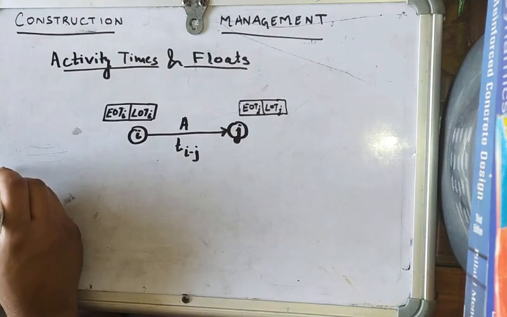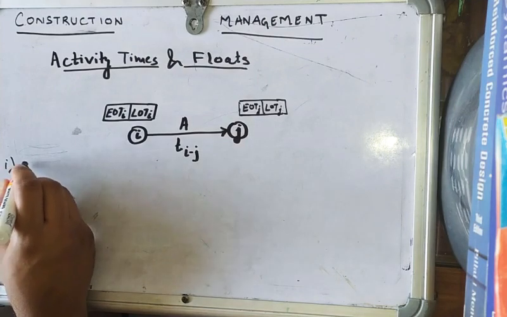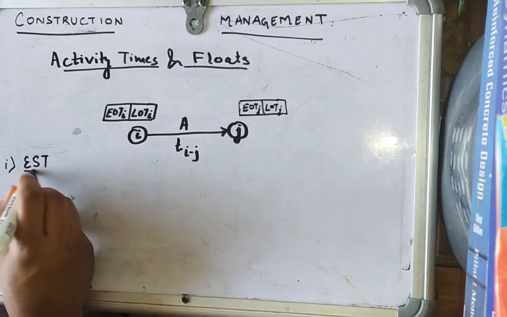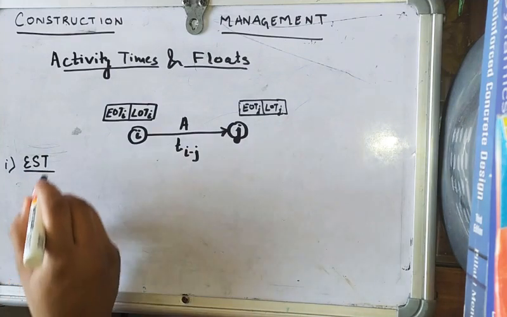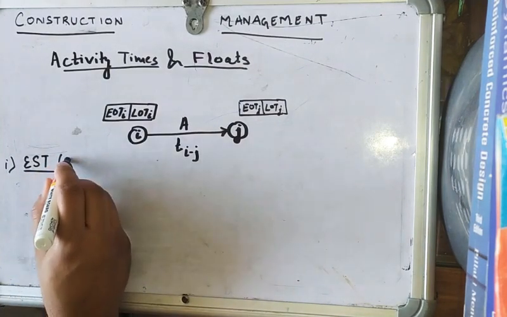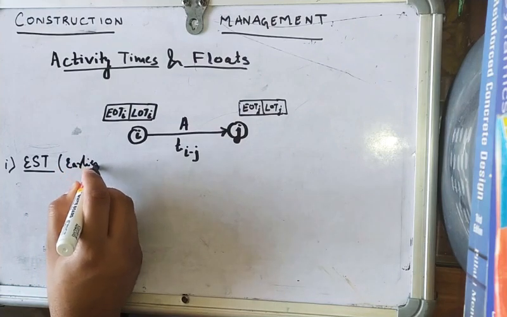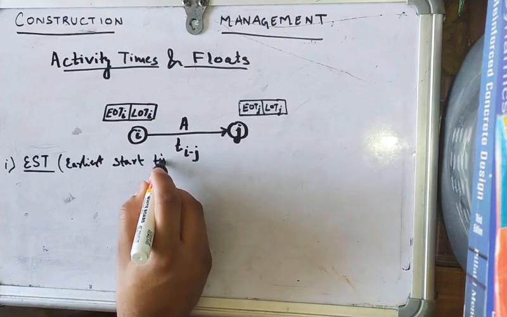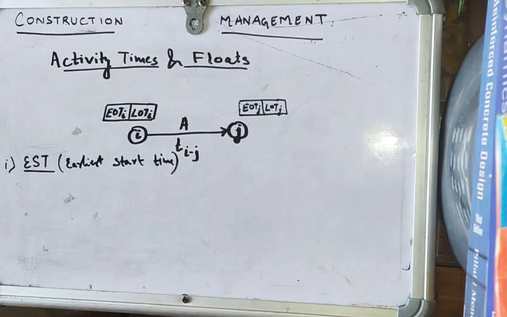So, firstly, we have the earliest start time for an activity. We call it EST. So, what is EST? It is the earliest possible time at which an activity can start.